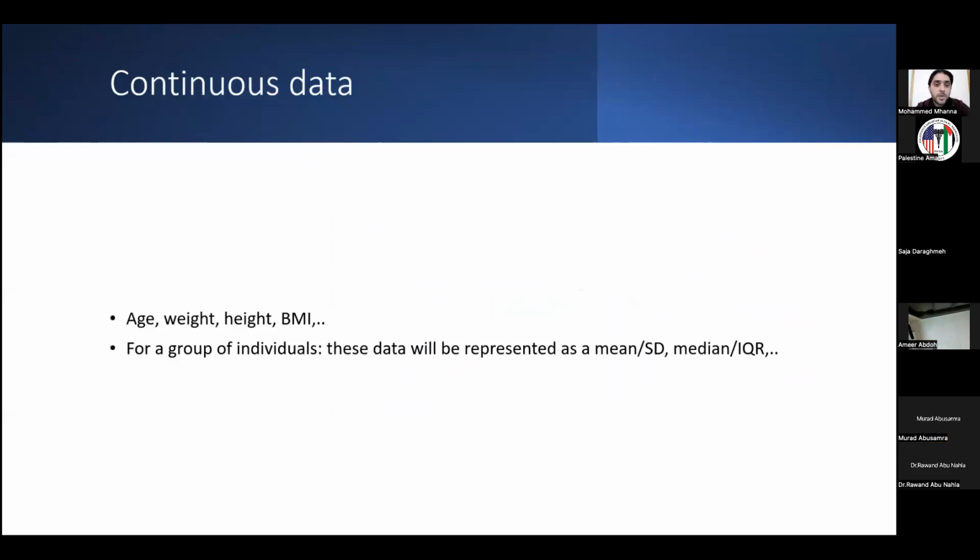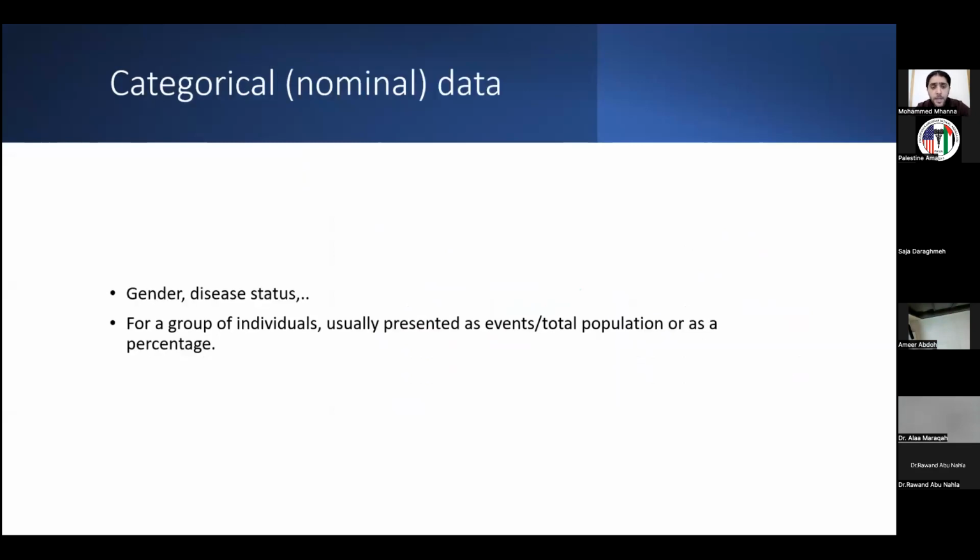As I said, continuous data, like age, weight, height, body mass index. For a group of individuals, these data are usually represented as a mean and standard deviation, or with a median and interquartile range. Even for categorical data or nominal data, like gender or disease status, for example, diabetes, no diabetes, heart failure, no heart failure.